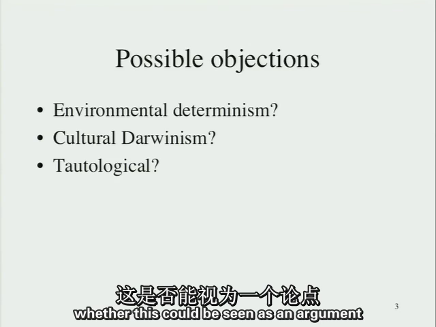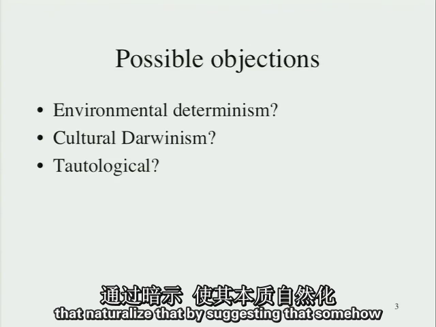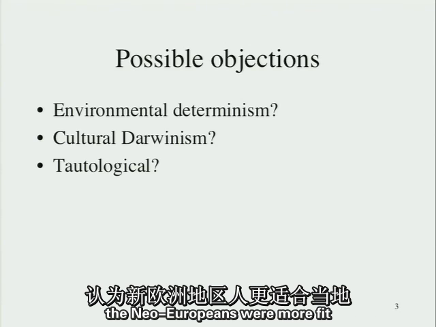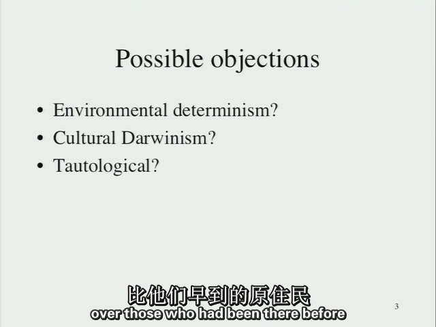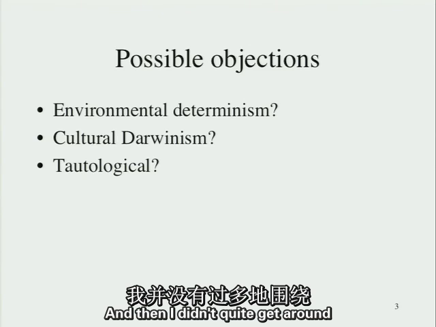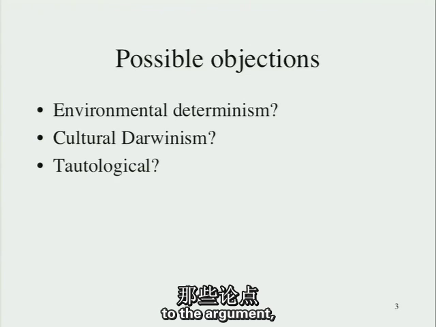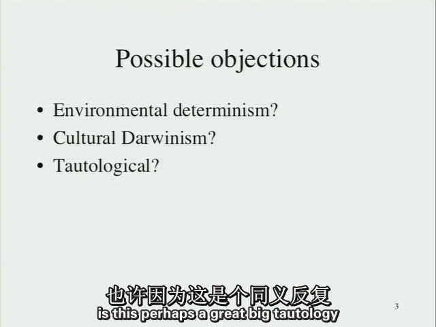Whether this could be seen as an argument that naturalized that by suggesting that somehow the Neo-Europeans were more fit, and that is therefore why they came to dominate over those who had been there before. And then I didn't quite get around to the argument, is this perhaps a great big tautology?